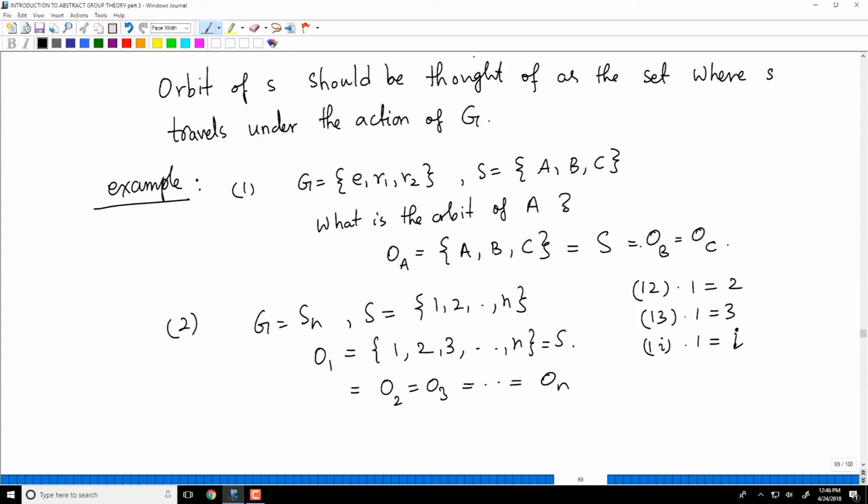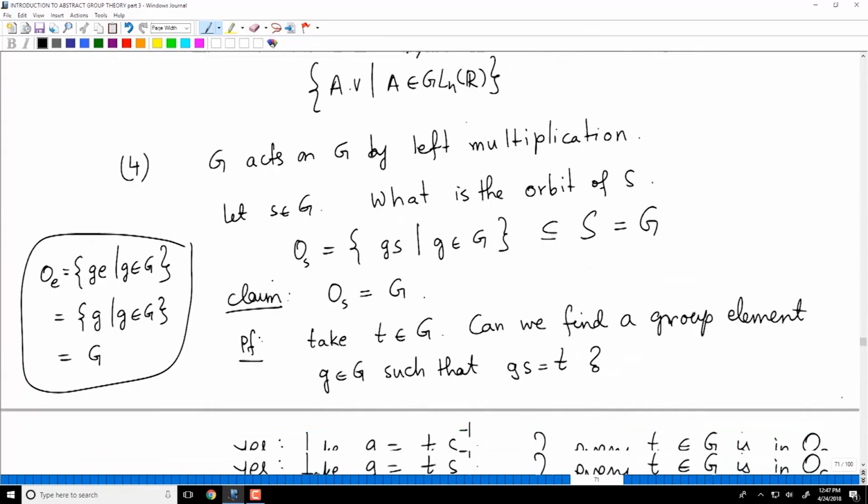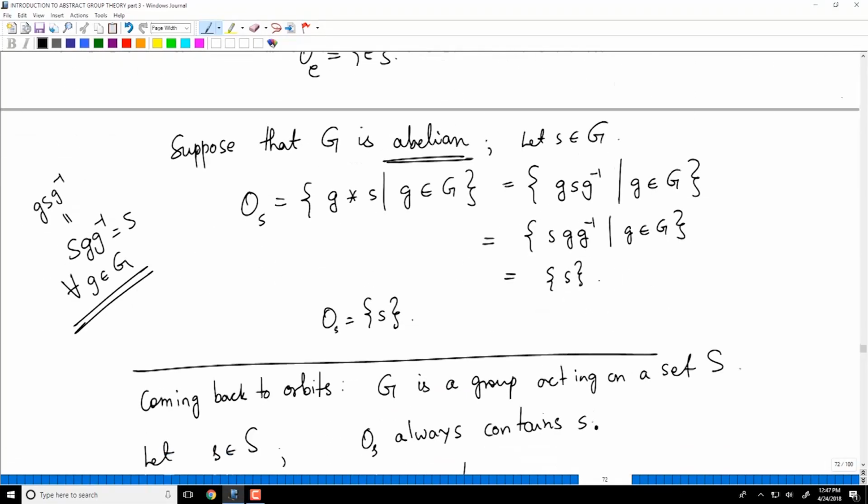And in the action of rotations on the three vertices, or the action of Sn on the indices 1 to n, the orbits are the entire sets. So the orbit of small s contains at least small s, and it can vary in size depending on the action. So we have seen examples of different kinds of orbits.